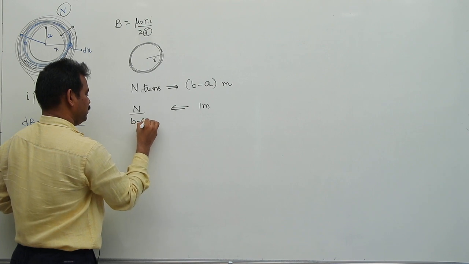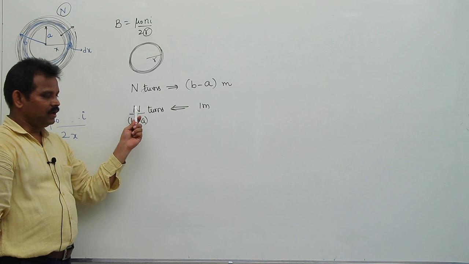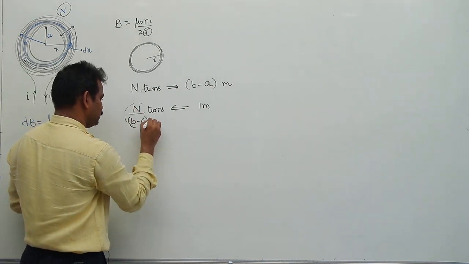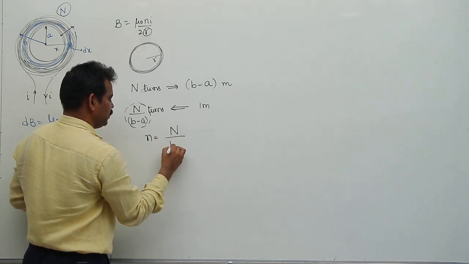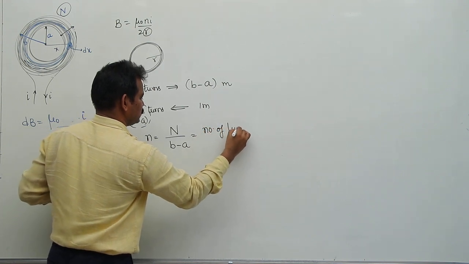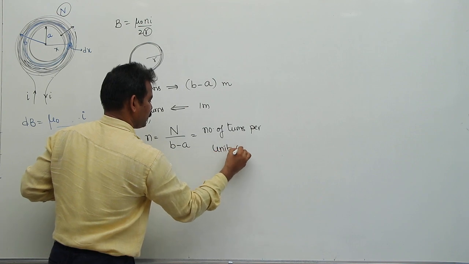N by b minus a turns. So these are the number of turns per unit width. I am going to write this as small n, which is the total number of turns by the total width.